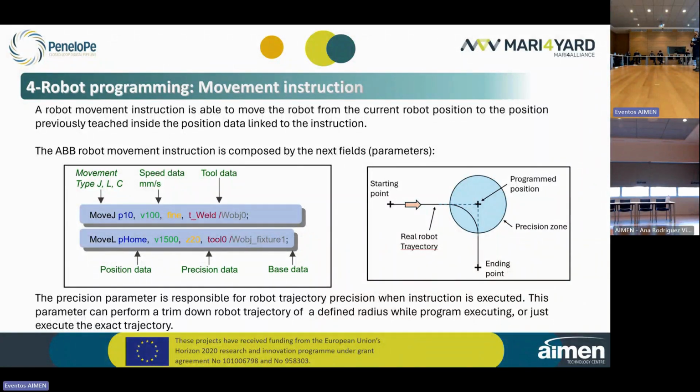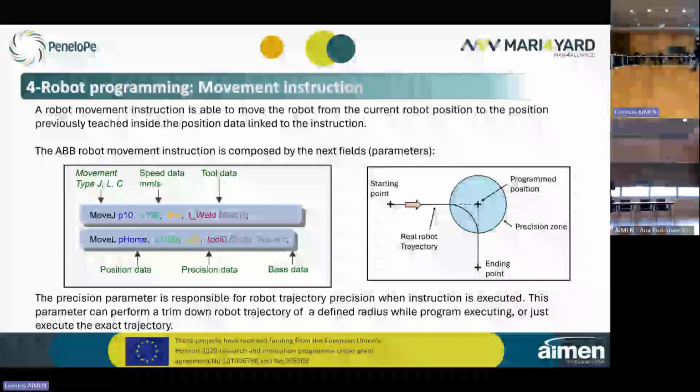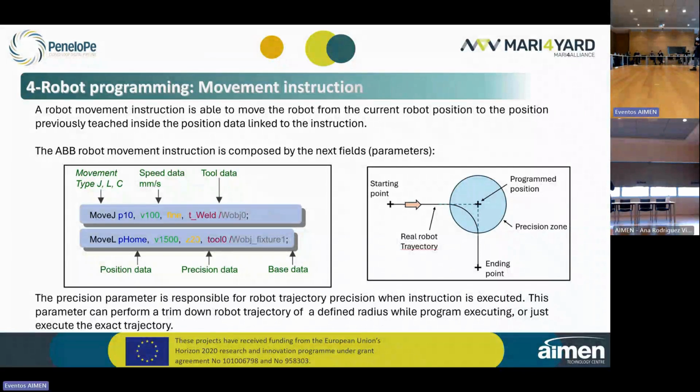Of course, something that the robot has to know, besides the position that it has to reach, is which velocity or which speed we want to move the robot. This is the speed data. In this case, it's in millimeters per second. In KUKA, it is in meters per second, as I remember.